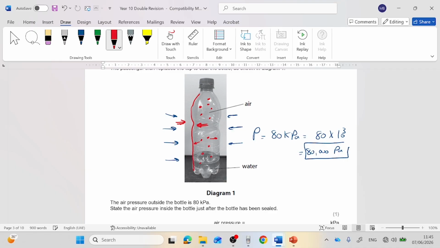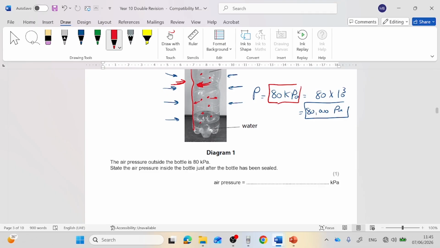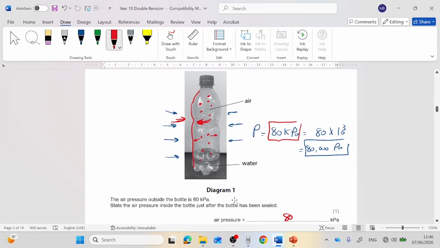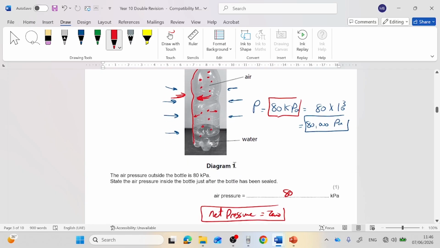So this means that the internal pressure is equal to the external pressure. And since the external pressure is 80 kilopascal, this means that the internal pressure is also 80 kilopascal. And the net pressure is equal to 0 because the external pressure is equal to the internal pressure. So they will cancel out. This is the reason that there is no deformation in the shape of the bottle, right?